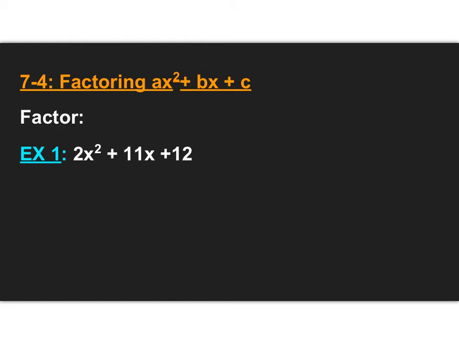So first of all, as we're looking at our example 1, we need to view this as ax squared plus bx plus c. So in our example, a is the 2, b is 11, and c is our constant 12.